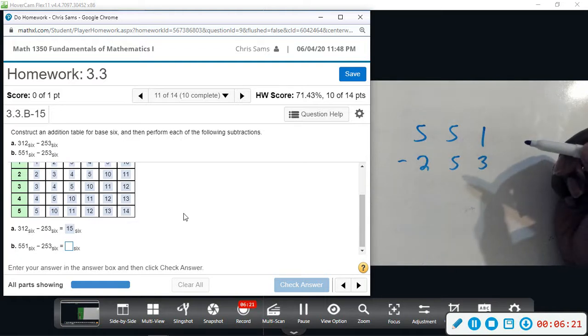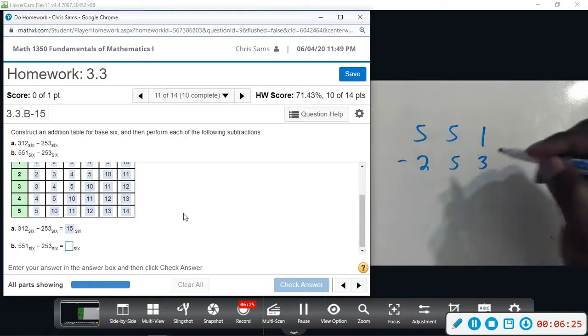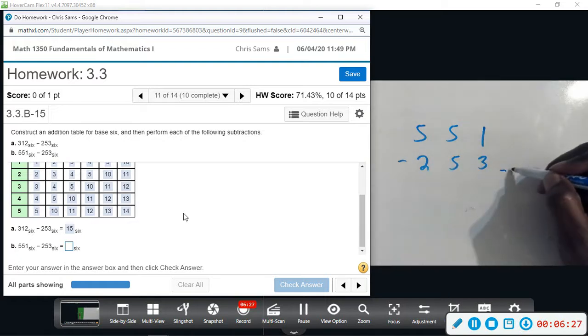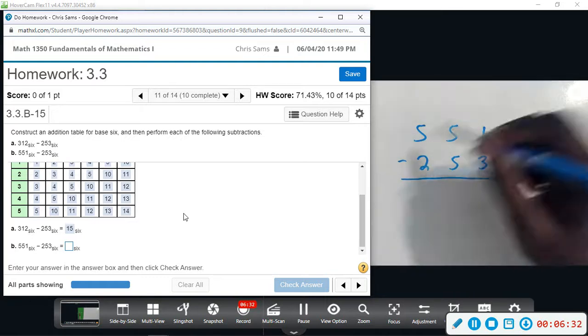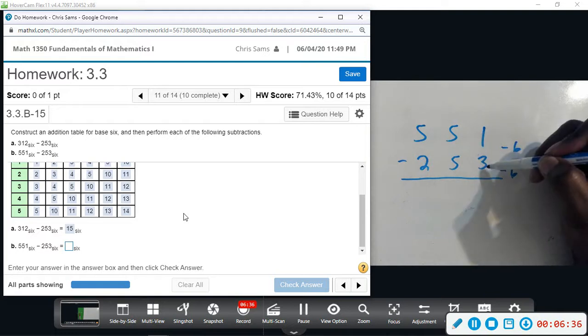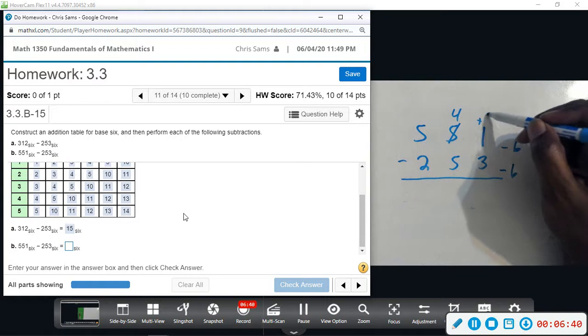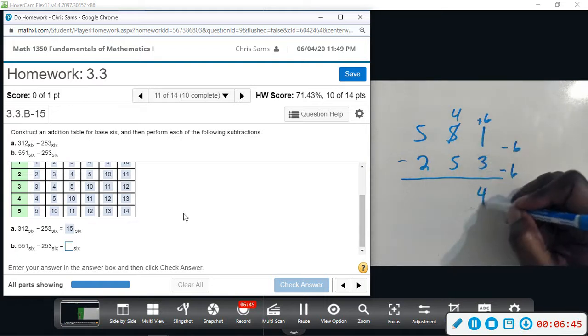Okay, so remember we're in base 6, so when we borrow, we are adding 6, not 10. Okay, so I want to take 1 and take away 3. I have to borrow. This is a 4. I'm going to carry over 6. So this is 7. 7 minus 3 gives us 4.